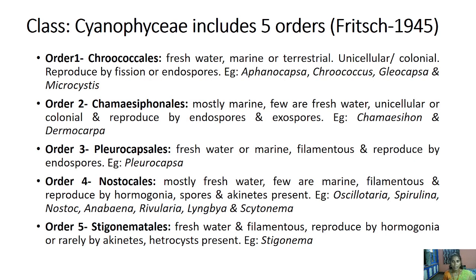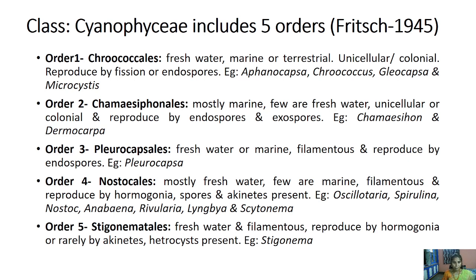Examples include Chamaesiphon and Dermocarpa. Order 3, Pleurocapsales. It includes freshwater or marine forms of cyanobacteria, which are filamentous and reproduce by endospores. Example, Pleurocapsa.